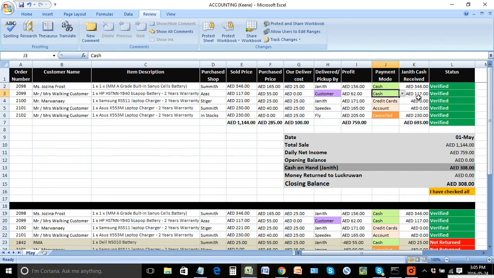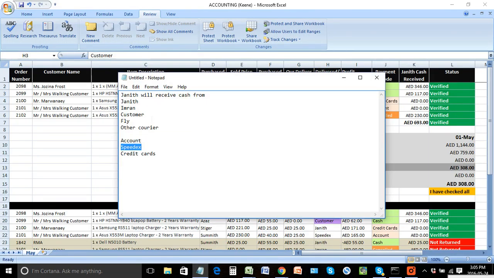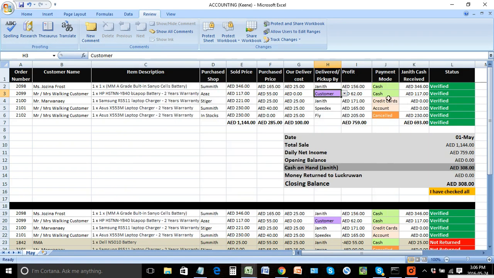If it's cash, again here, the customer picked up from Janit and paid Janit in cash. So you put cash here, and obviously because the customer paid in cash, exactly the same amount will be received.